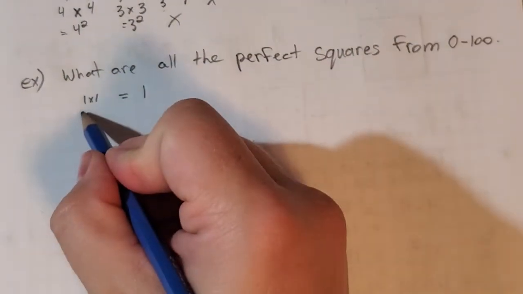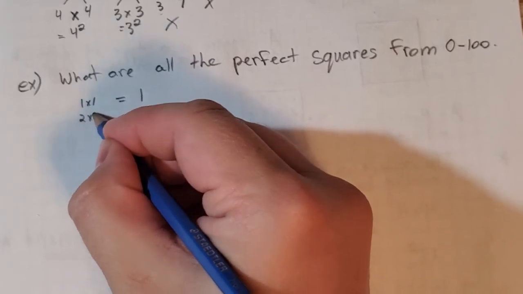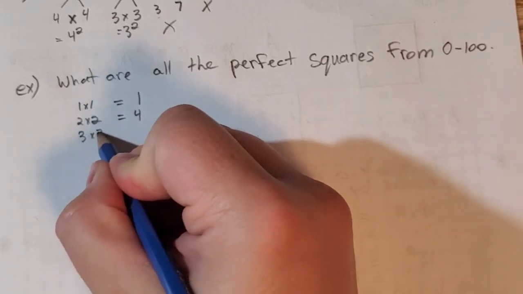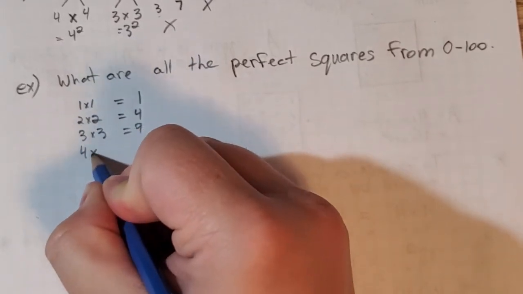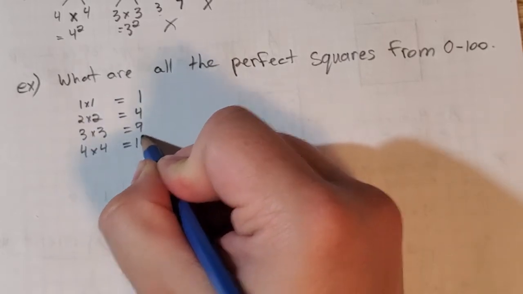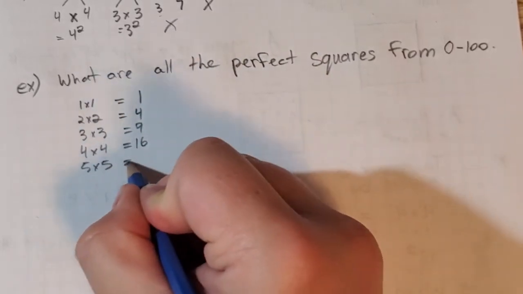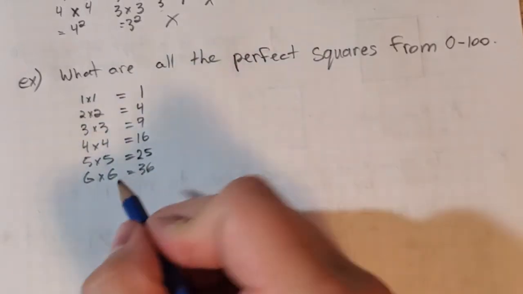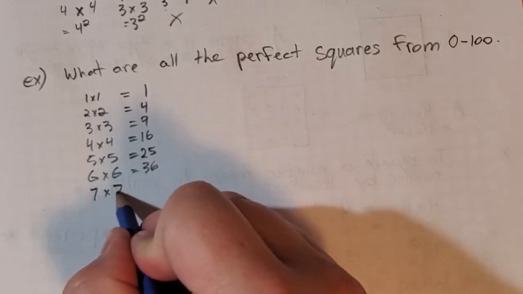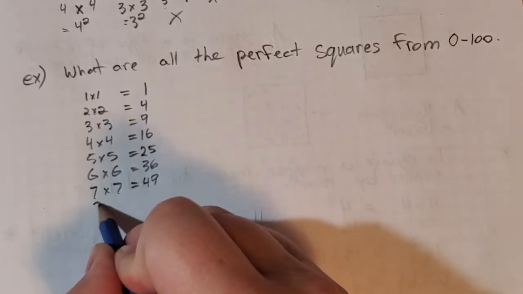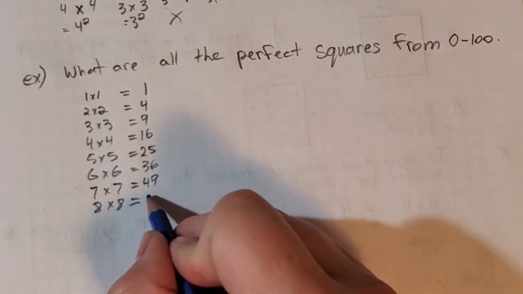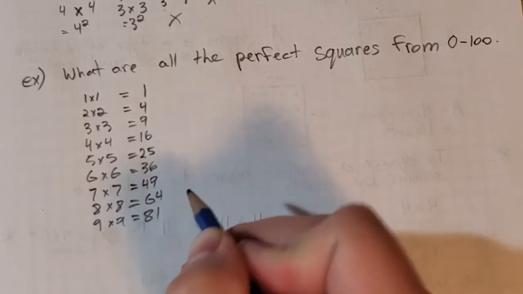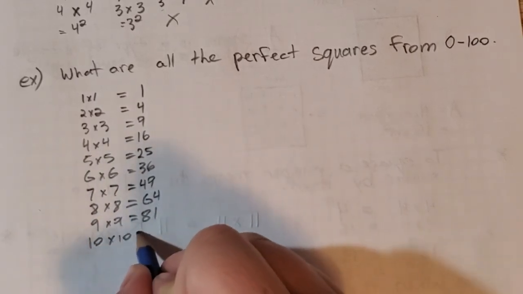So that's our first one. 2 times 2 is 4. 3 times 3 is 9. 4 times 4 is 16. 5 times 5 is 25. 6 times 6 is 36. 7 times 7 is 49. 8 times 8 is 64. 9 times 9 is 81. And 10 times 10 is 100.